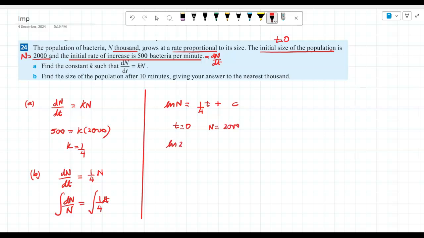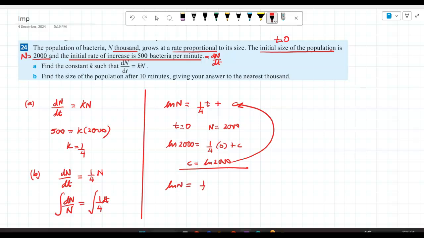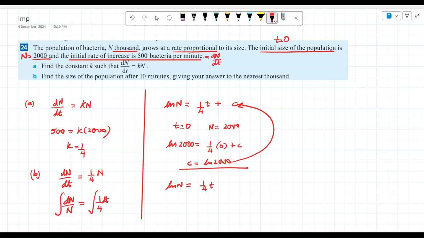So put ln 2000 is equal to 1/4 times 0 plus c. So c is ln 2000. Put it back in this equation: ln n is equal to 1/4 t plus ln 2000. So ln n minus ln 2000 is equal to 1/4 t, so ln n upon 2000 is equal to 1/4 t.